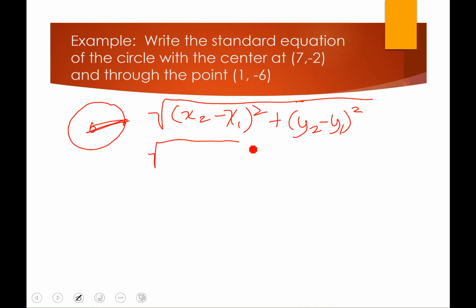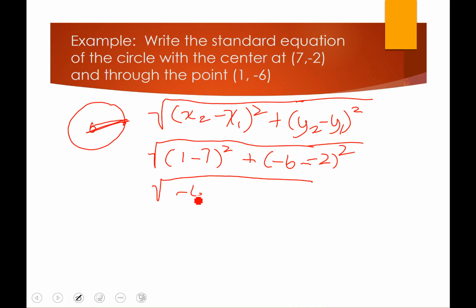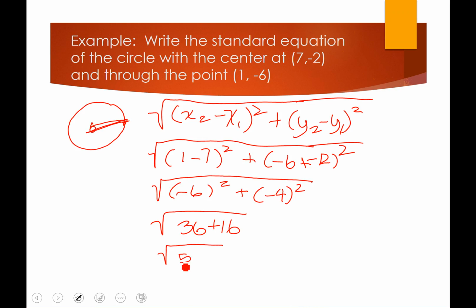So in this case, I'm going to have 1 minus 7 squared plus negative 6 minus negative 2 squared. And that's going to equal negative 6 squared plus negative 4 squared, or 36 plus 16, which would give us 52.